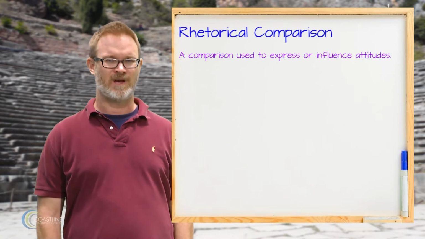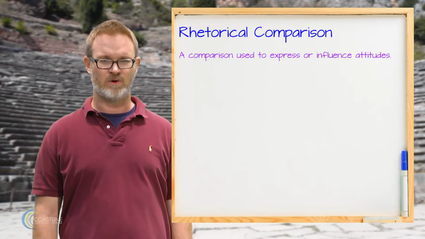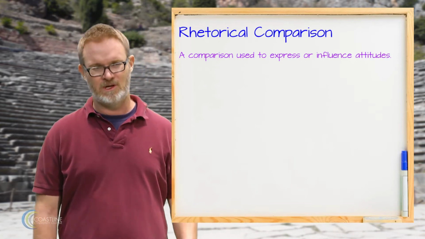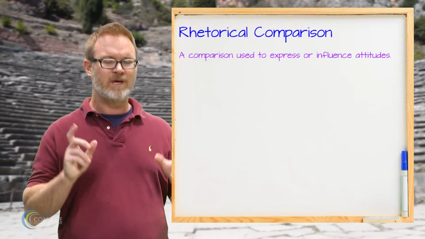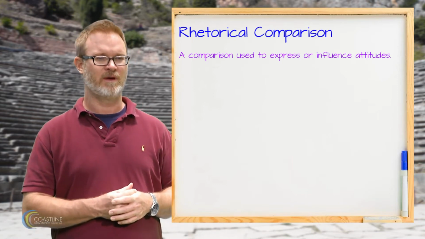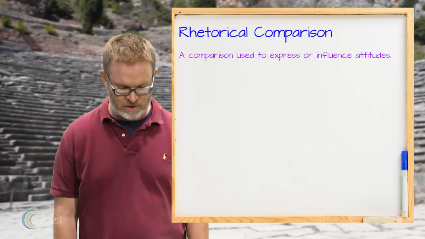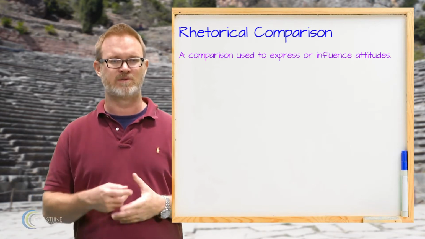Okay, so the first type of rhetorical device we have to discuss is called a rhetorical comparison, or sometimes it's called a rhetorical analogy. I think I've heard in the past this phrase of a simile, right? A simile is kind of the same thing. So this is just an expression used to refer to a comparison that's rhetorical, that's meant to influence, right?